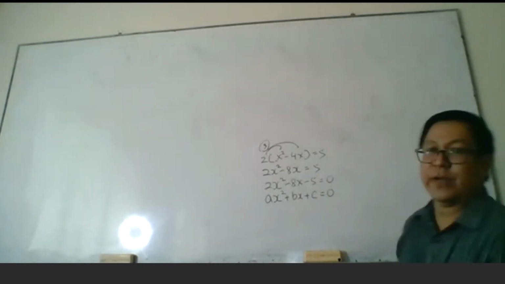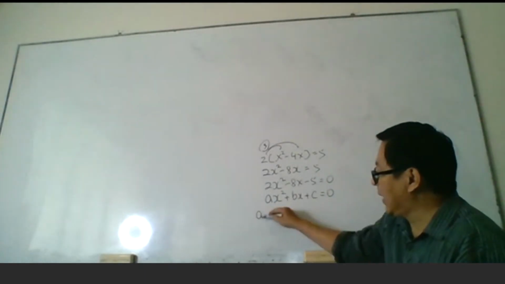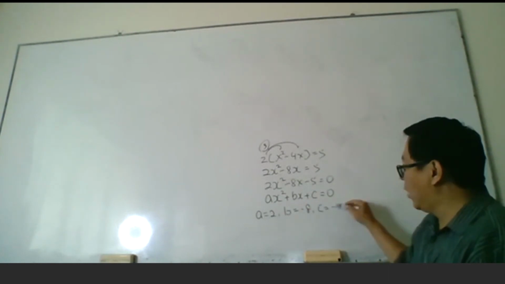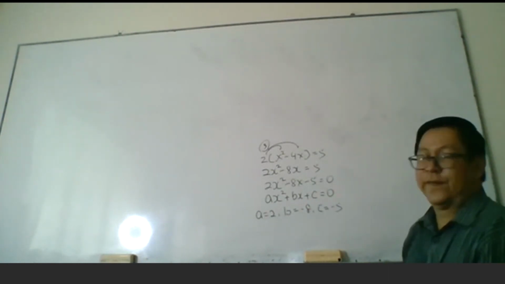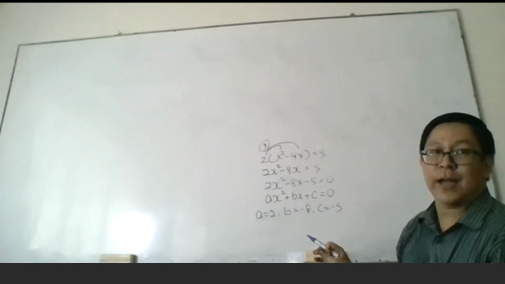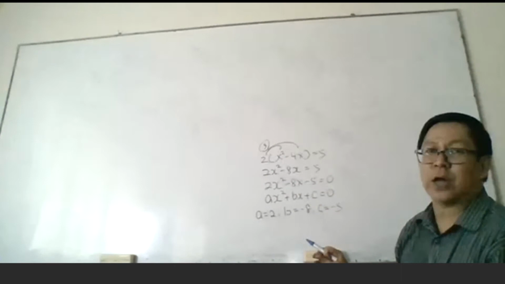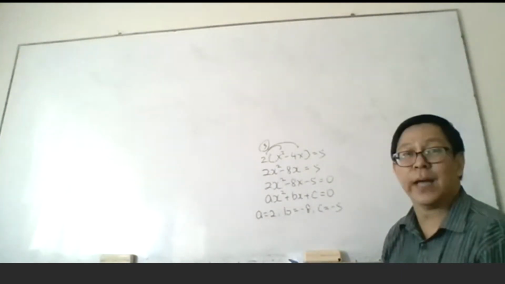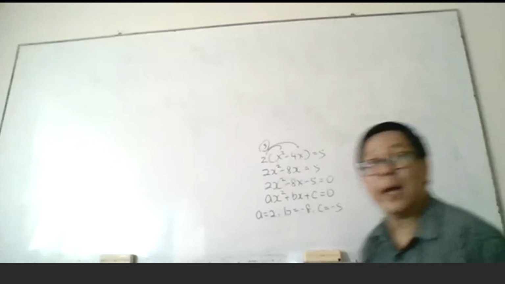The main reason is that we can determine the value of a, b, and c. If we simply leave the quadratic equation as is, you will be confused and cannot determine the values of a, b, and c. Am I clear?